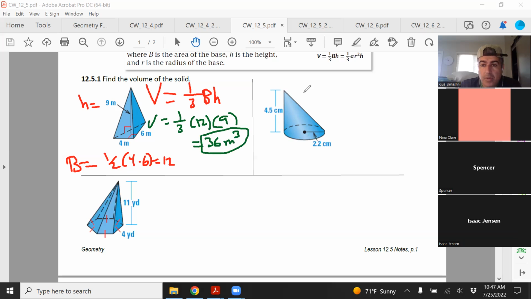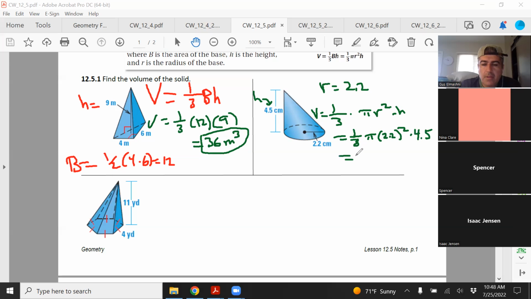Here, it's a cone, and that's the height of the cone. The radius, of course, is 2.2. So your volume is 1/3 times the base, which is pi r squared, times the altitude.